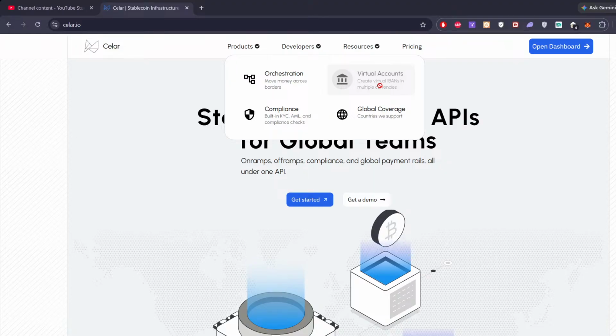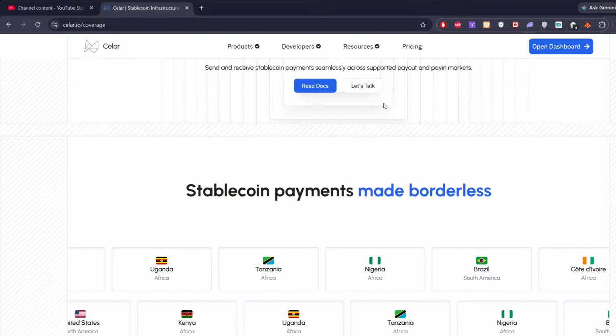Depending on the currency the virtual account is in, you can receive money to it. For example, if it's a USD one, you can receive US dollars. If it's one for the KES, the Kenyan shilling, it can receive Kenyan shillings. This feature is grayed out because we are currently building it on top of our API. We do have access to a couple, but it's not fully built, hence why it is grayed out.